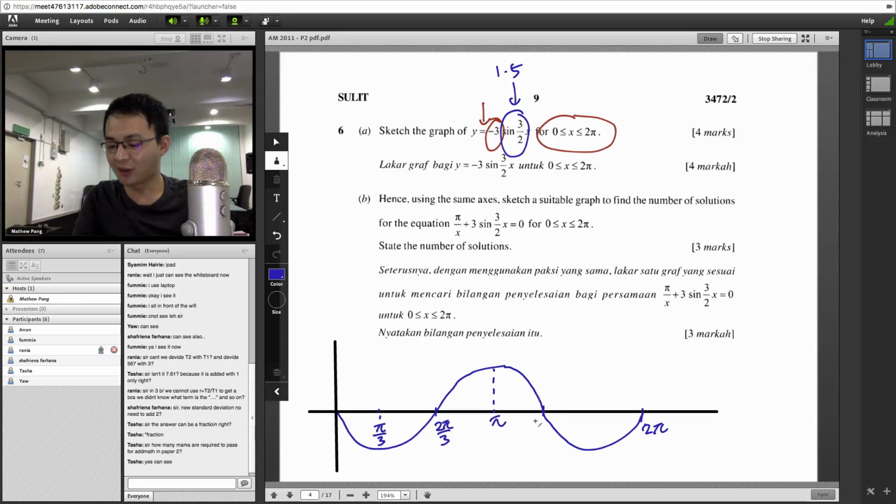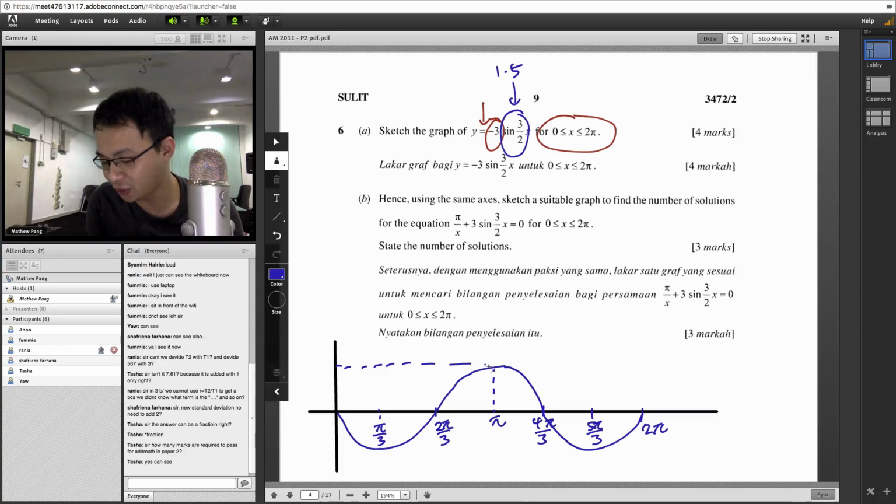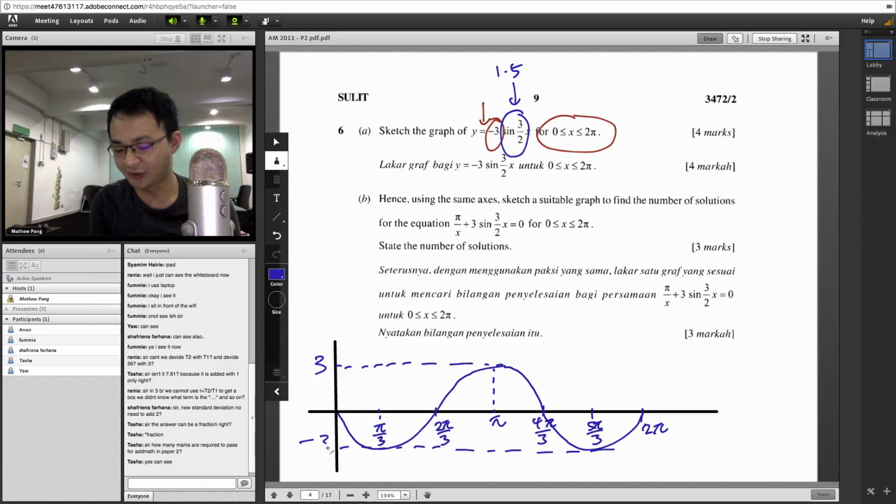So this is 3 pi over 3, this is 4 pi over 3, then 5 pi over 3, and the last one is 6 pi over 3, which is 2 pi. The maximum you will get should be 3, and the minimum over here should be negative 3. Yeah, this is what happens when there's 3 over 2.